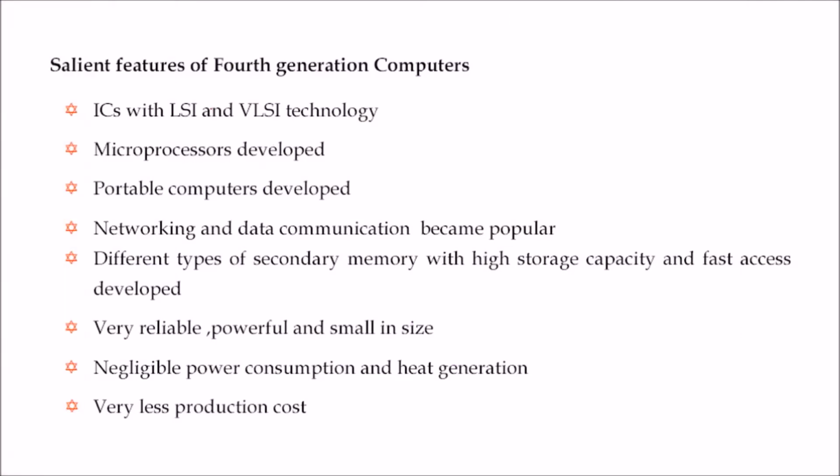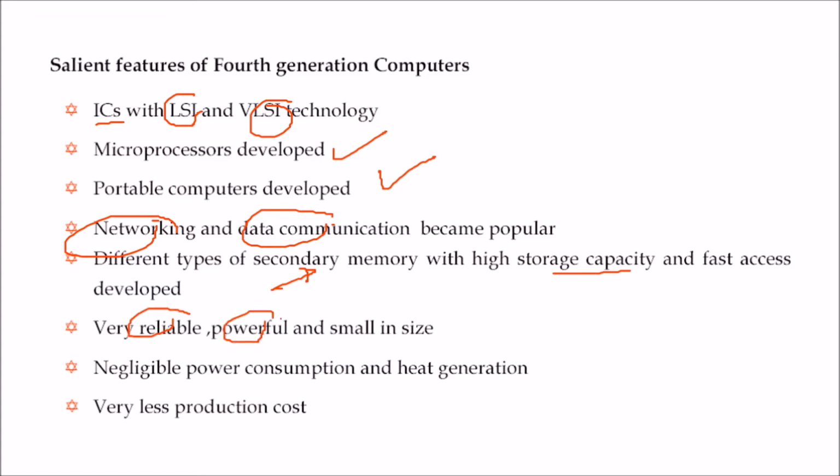The salient features of this generation were ICs with LSI and VLSI, microprocessors were developed, portable computers were developed, and networking and data communication became popular, because we see these computers today along with networking and data communication. Various types of secondary memory with high storage capacity and fast access were developed. The computer became very reliable, powerful and small in size, the power consumption and heat generation were less, and the production cost became very low.